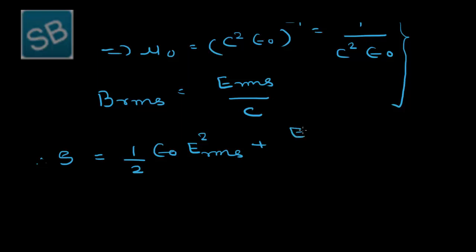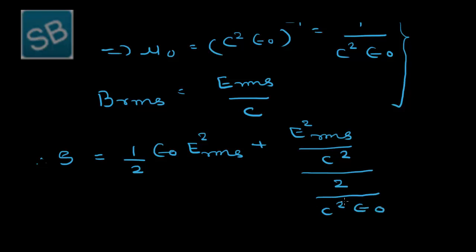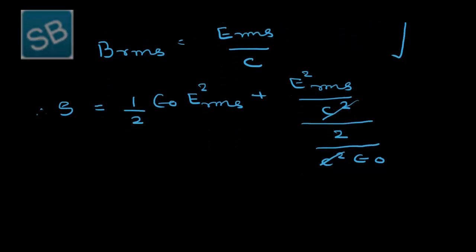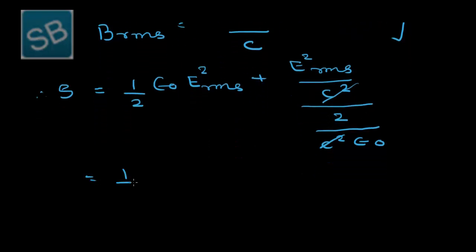So B square RMS is E square RMS over c square divided by 2 mu 0. So 2 and mu 0 has the value 1 over c square epsilon 0. So this c square is cancelled and the final result will be 1 by 2 epsilon 0 E square RMS plus 1 by 2.